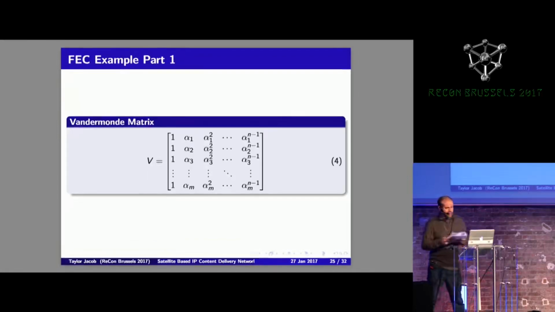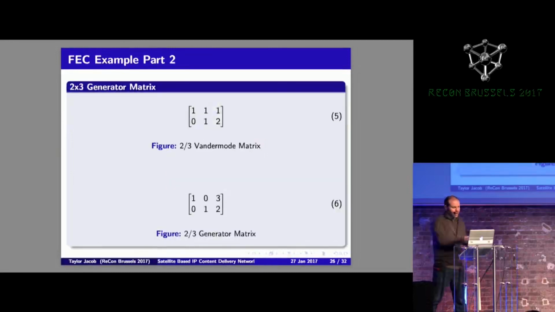So the first step is to build a generator matrix, and for this example, it'll be a 2x3 Vandermonde matrix, and this is the equation right here. And basically, it's just a simple geometric progression. The 2x3 Vandermonde matrix for the Galois field 2 to the 8th is figure 5, but this isn't the generator matrix.